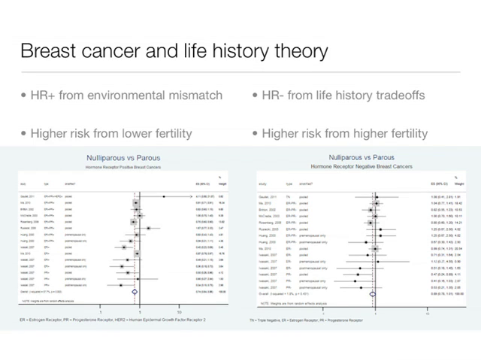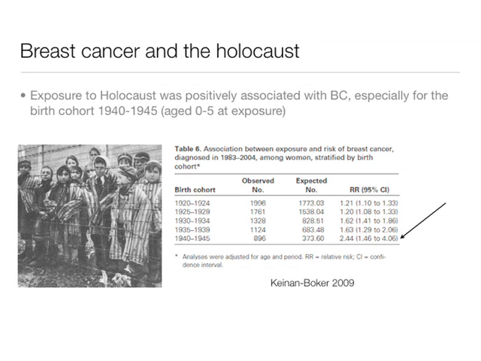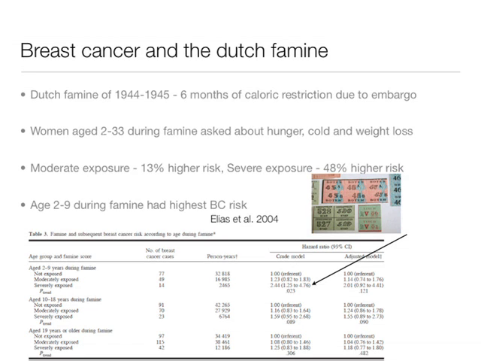But the hormone-negative breast cancers seem to be very different. And we think that there may be life history trade-offs going on here. There's higher risk associated with higher fertility. And one of the other things that we're looking at is whether early adversity and stress may be a risk factor in hormone receptor negative breast cancer. I'm going to show you a couple of slides here. We found that breast cancer is associated with certain early life stresses, like being in the Holocaust, the Dutch famine, the siege of Leningrad, and other sources of trauma and stress, including maternal death and deficits in childhood.